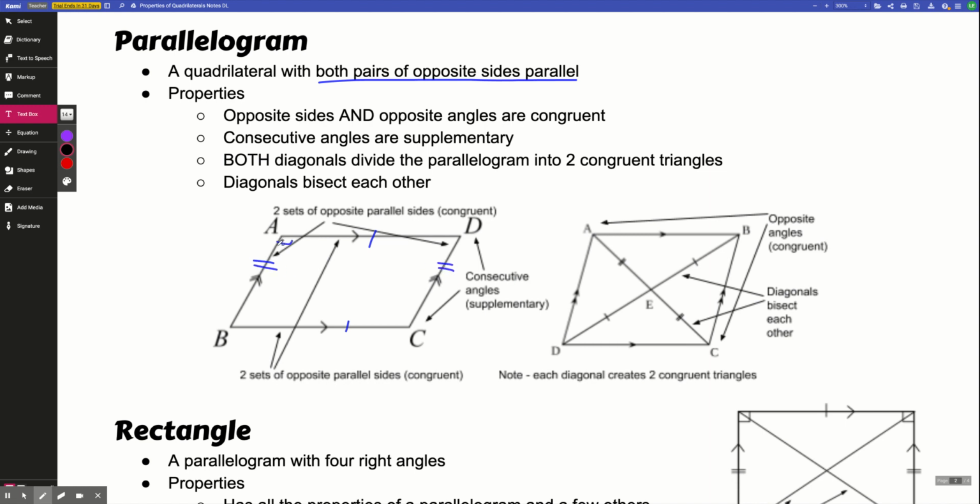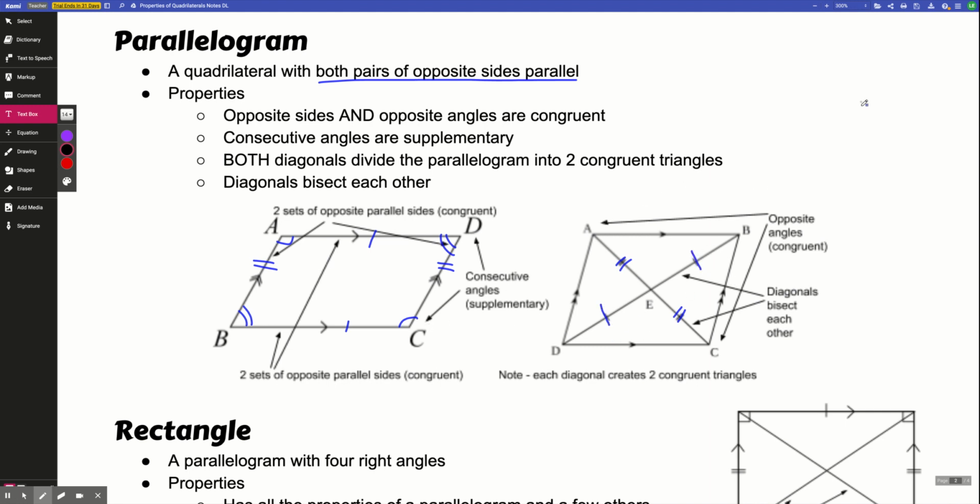Angles that are opposite each other are congruent. Diagonals, while not necessarily congruent, will bisect each other, meaning that you've got two congruent parts. Like in this second picture, you can see that each of these diagonals bisects the other, cuts the other in half.